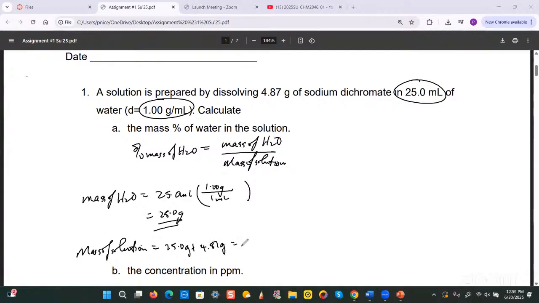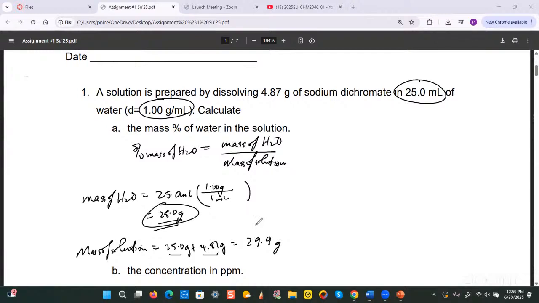Let me take my cheap calculator and work this out. That would be 29.87. Well, actually 29.9 if you have to round off, because remember, when you're adding measured numbers, you round off to the lowest number of decimal places, right? So the mass of the solution is 29.9.